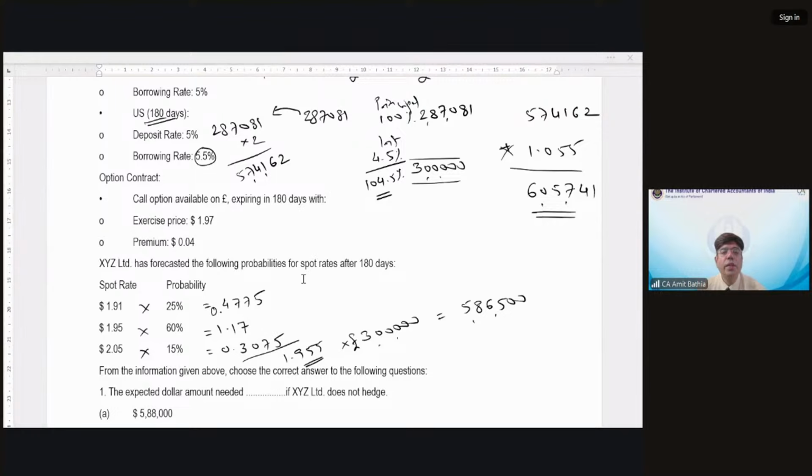So in this case, you will essentially have to pay first and foremost the premium, which is 4 cents.